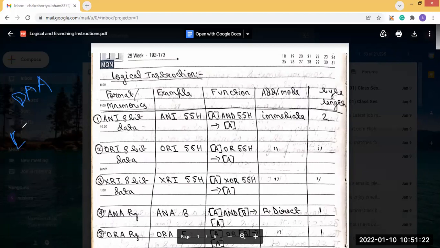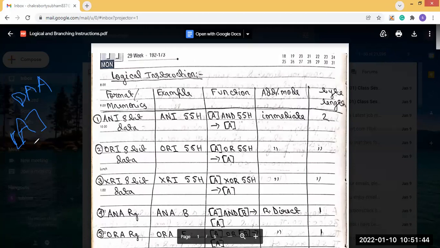It is basically converting the content that is present. Let's say hexadecimal content is present inside the accumulator, it converts that hexadecimal content to decimal.